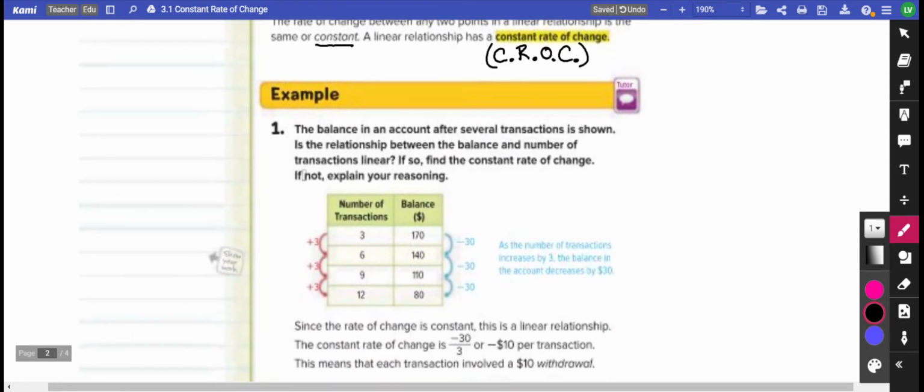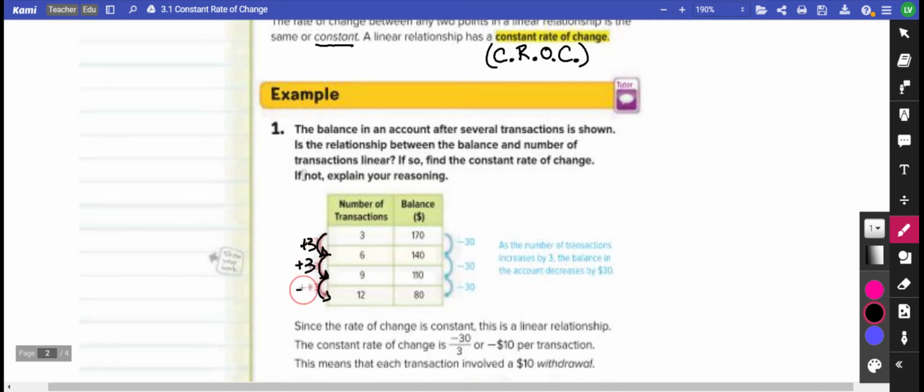Example number 1. The balance in an account after several transactions is shown. Is the relationship between the balance and number of transactions linear? If so, find the constant rate of change. If not, explain your reasoning. So the number of transactions, well, we're going from 3 to 6, 6 to 9, and 9 to 12.